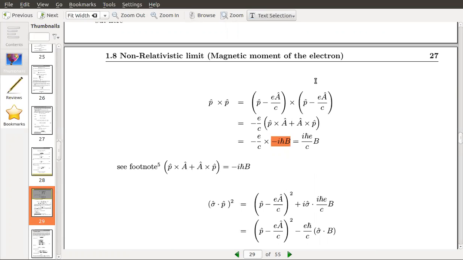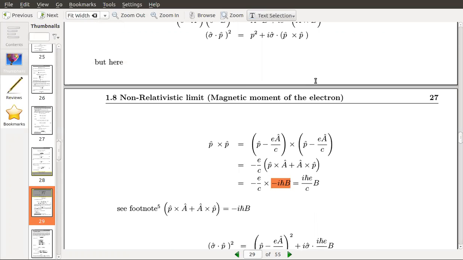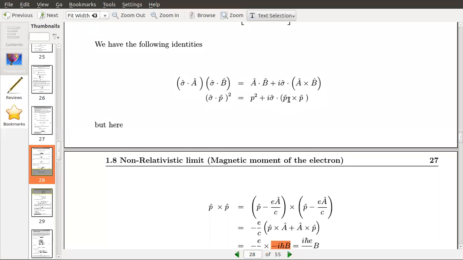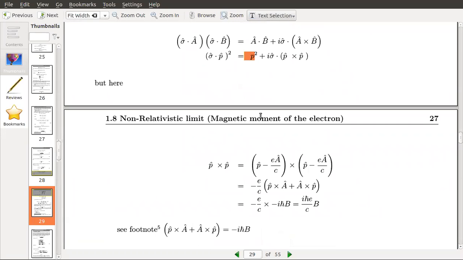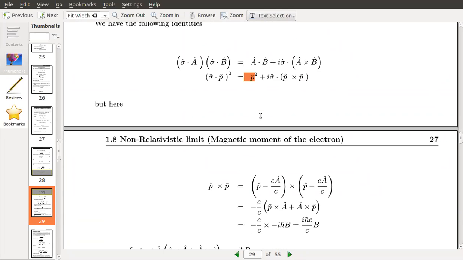Okay, that is this P cross P. Now you simplify what is P square after introducing this. This P cross P you can substitute here.